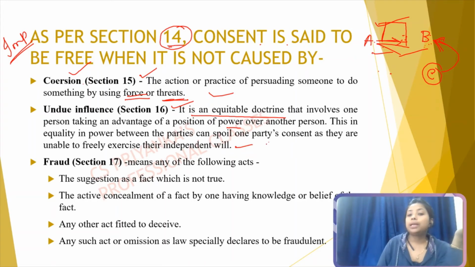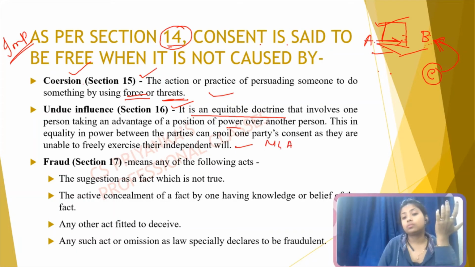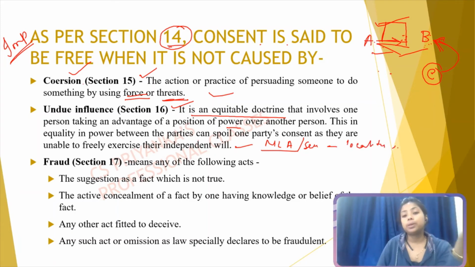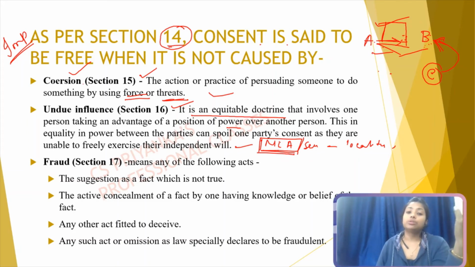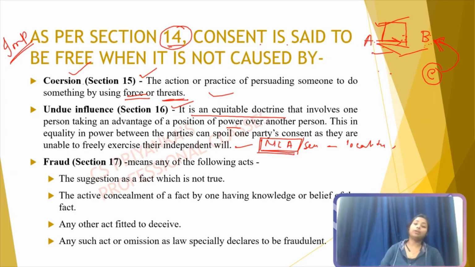For example, some MLA or secretary in your locality is simply taking advantage of their position. For example, you want to construct a building in your area, and the MLA or any other powerful person in your area tells you that if you want to construct your house in this area, you have to pay me some money.